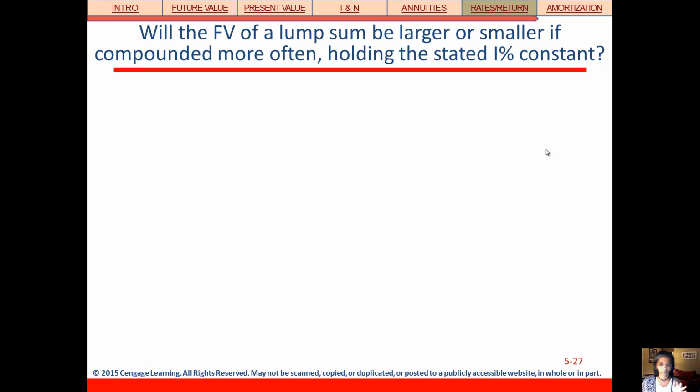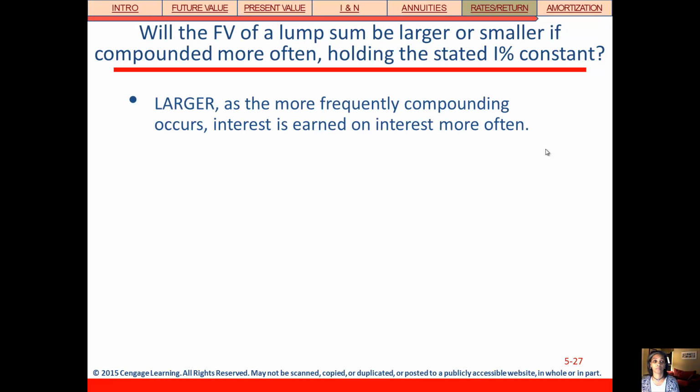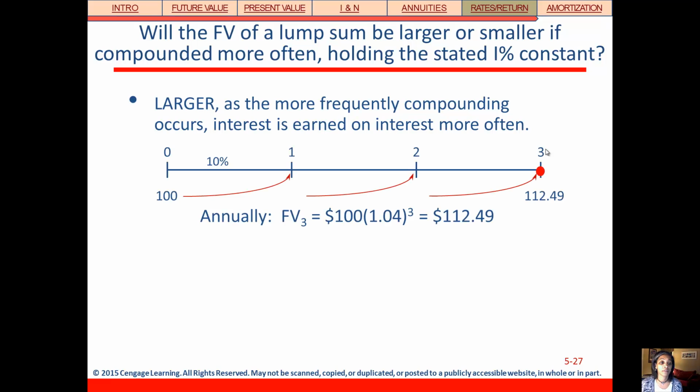I know I was jumping around a little bit there. But the question is, when I go from annual compounding to semi-annual to quarterly to monthly, will my future value get bigger or smaller? What do you think? Well, it's going to get bigger, because what that means is that I'm getting interest more often. So the more often I'm getting interest on interest, the greater my future value will be.